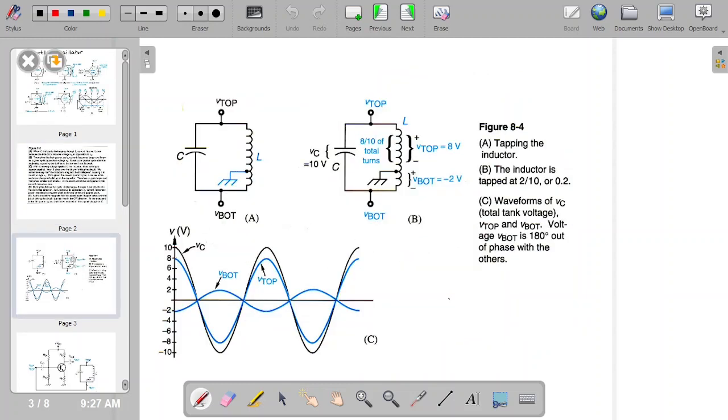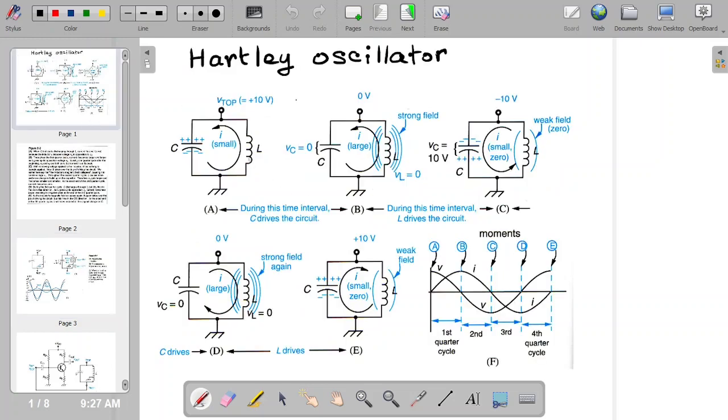Of course, if you go back to here, this is an unassisted tank circuit. So assuming that there's no resistance and everything is perfect, that's what you get. The amplitude doesn't change. In reality, of course, that doesn't happen.